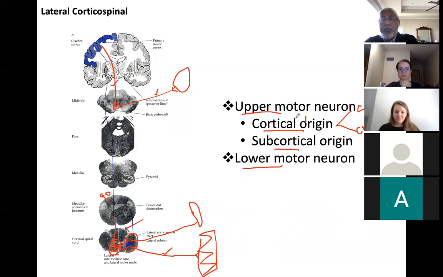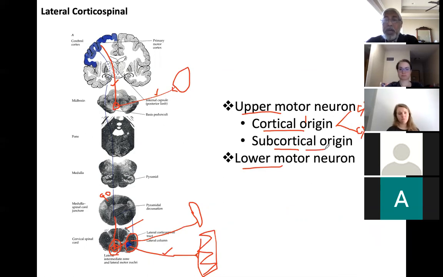Upper motor neuron have two origins, can be cortical origin or subcortical origin. And in the last slide, we saw two cortical origin and two subcortical origin. Cortical origins are corticospinal, and they are of two types, anterior and lateral. And then corticonuclear, which I didn't show in the last slide, they are also upper motor neuron.